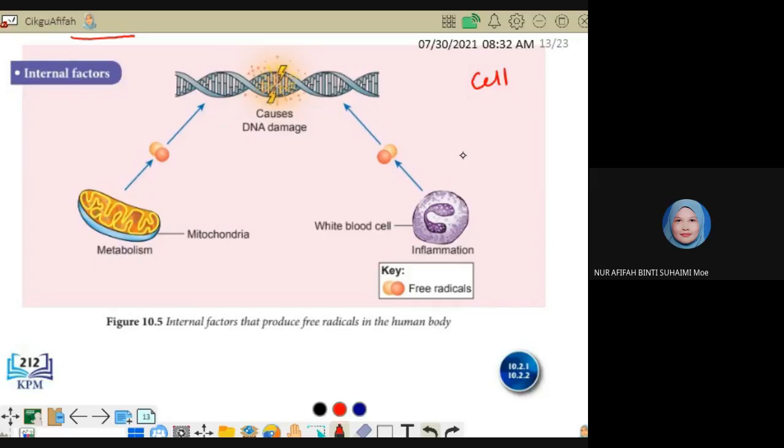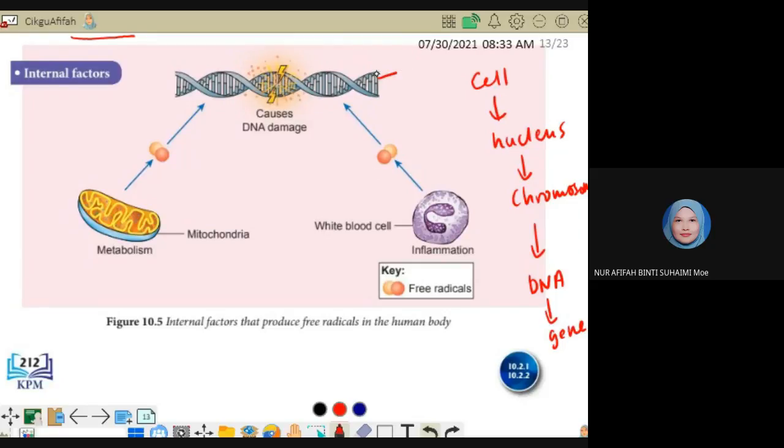Right. So yang ni saya ulang balik. Dalam sel ada nukleus. Okay, dalam nukleus ada kromosom. Okay, kromosom. Dalam kromosom ada DNA. Okay, inside DNA we have gene. Okay, gene. Inilah yang gene.